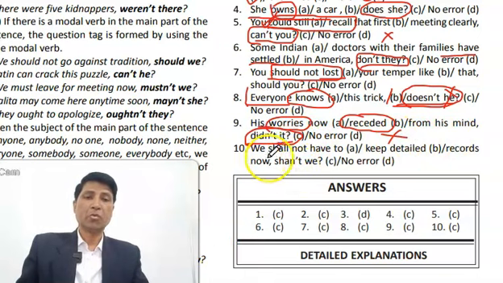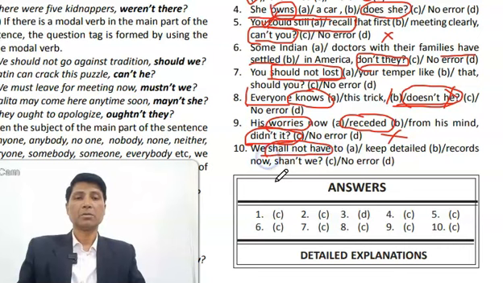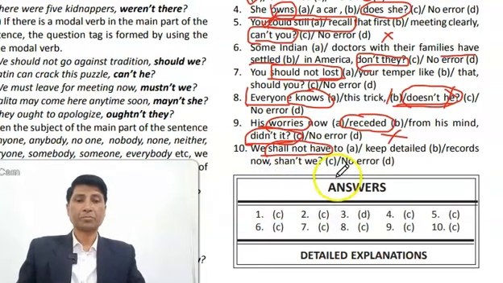It reads, we shall not have to keep detailed records now, shan't we? Now let us find out the aspect of the verb. So here you have the tense. So it is in simple future tense. Now we know that in simple future tense we have shall, right?